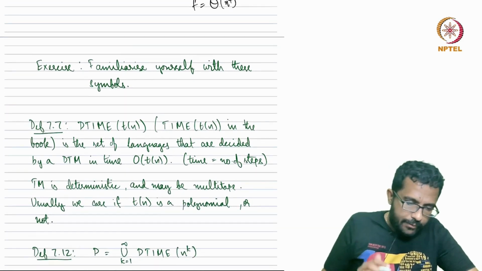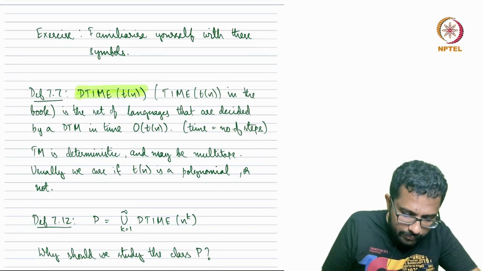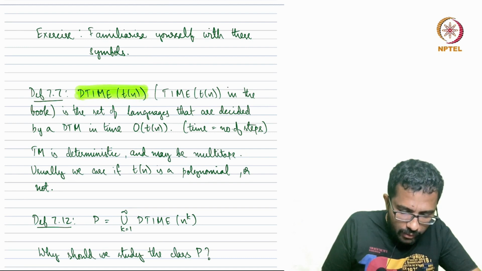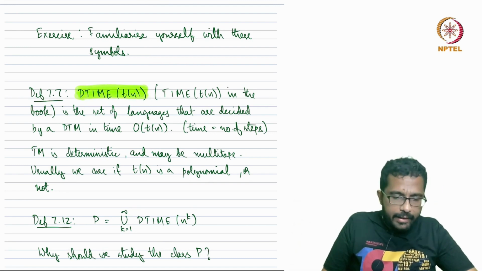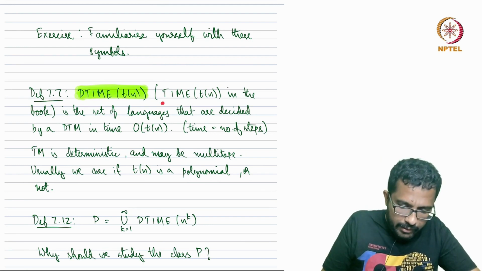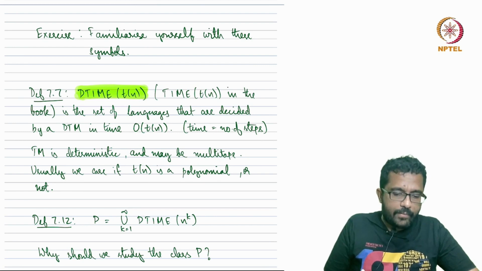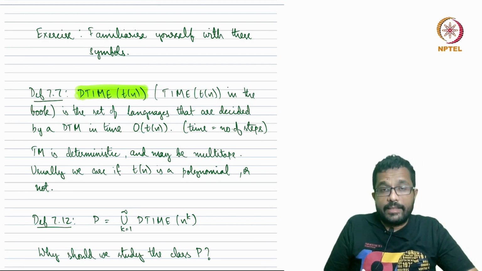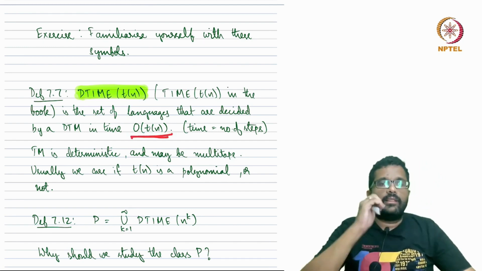So the next definition is DTIME(T(n)). I think in the book, in Sipser, it's defined as TIME(T(n)), right? It is the set of all languages that are decided in time order T(n), in big O of T(n).